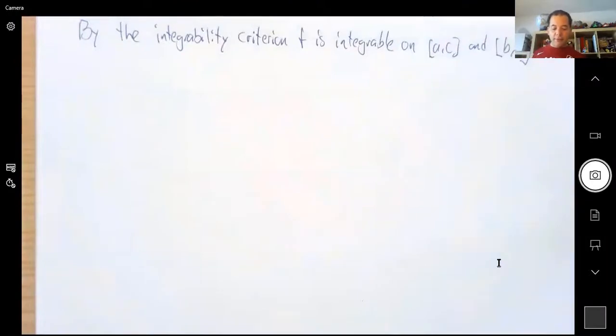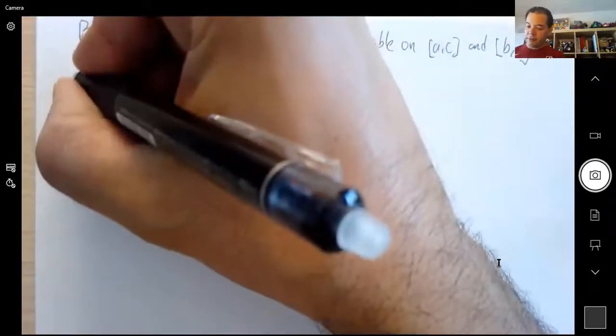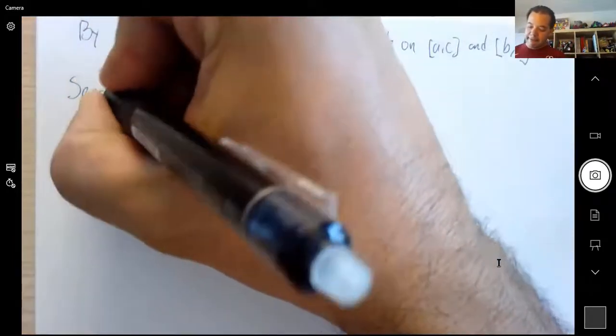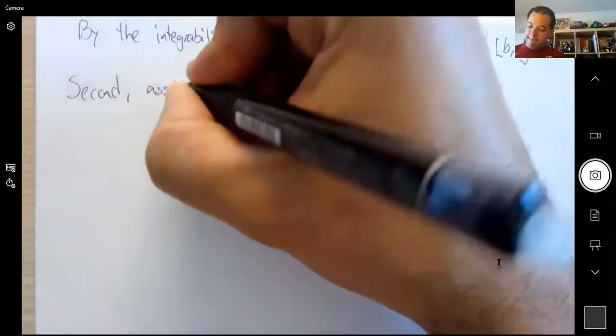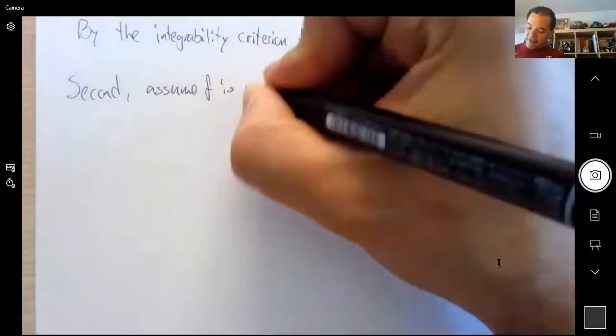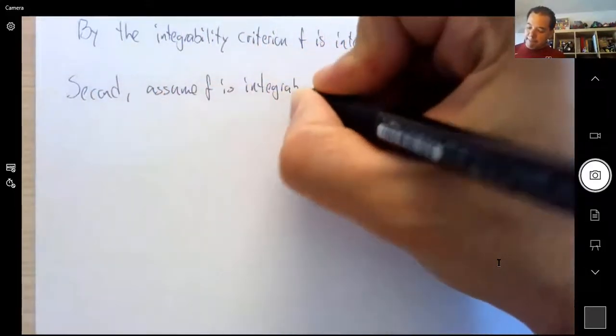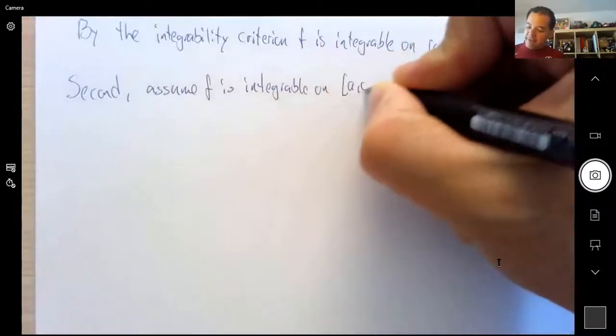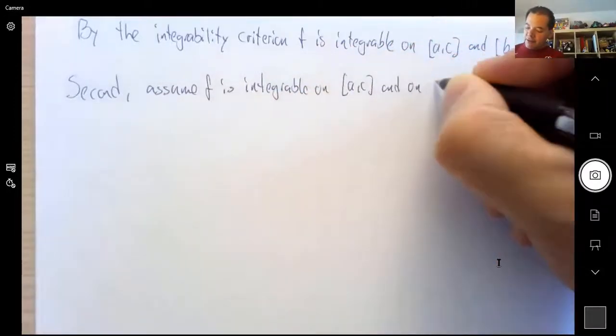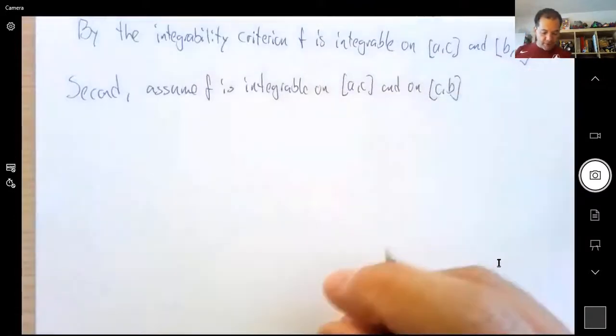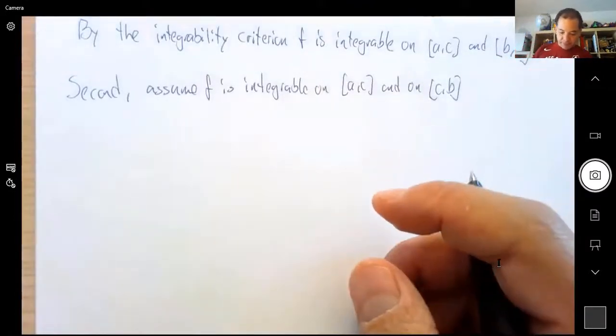The one that is a bit more complicated is the other one. So now let's do the converse. So second, assume f is integrable on AC and on CB. So the opposite one.